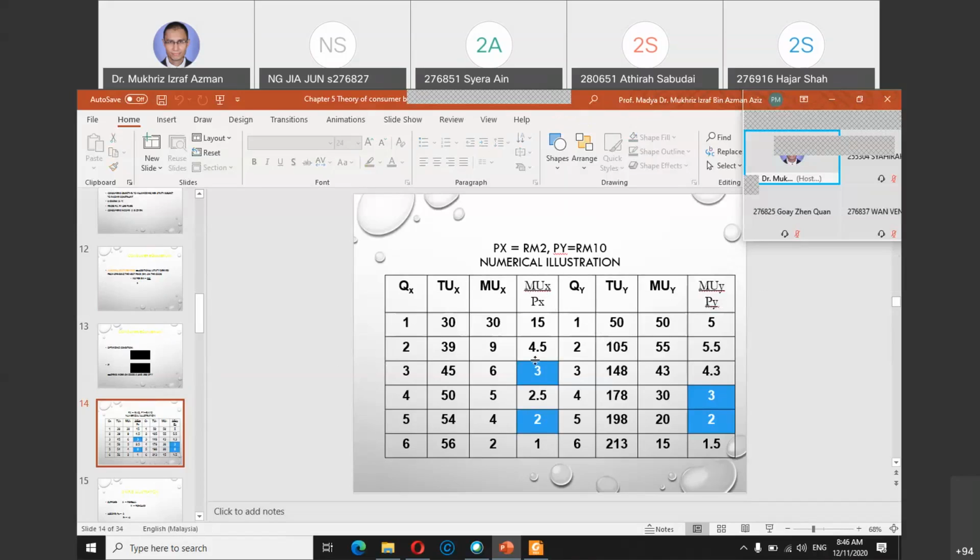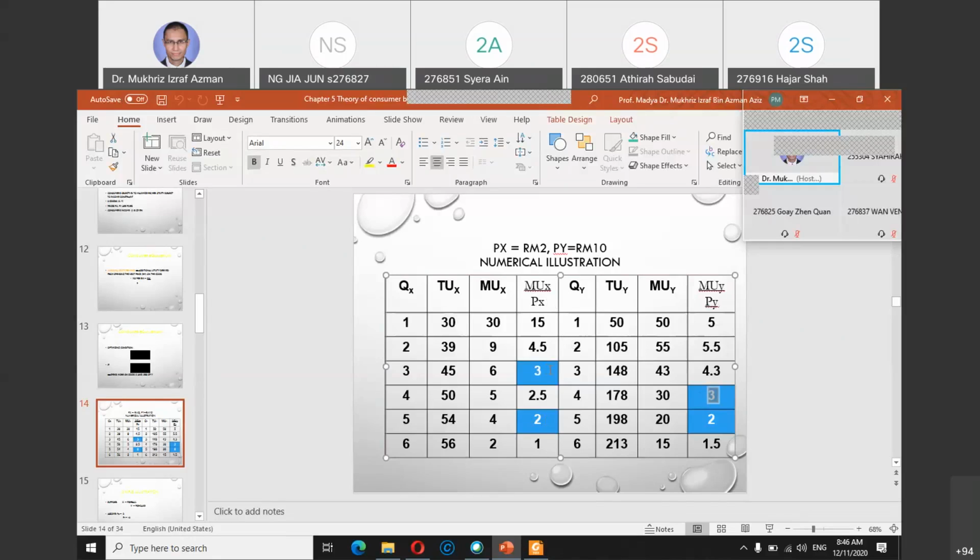From this simple example, we can see that the two ratios are equal when MUX over PX equals 3, and also when the ratio is equal at 2. These are the two combinations where you get the same value of MUX over PX and MUY over PY.